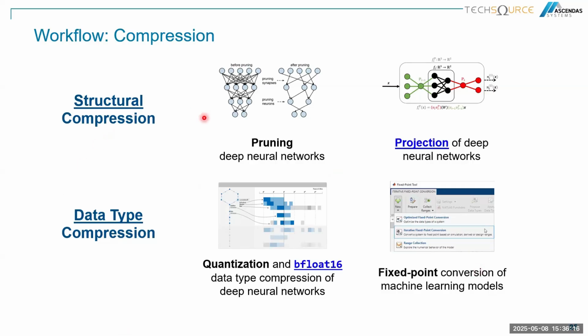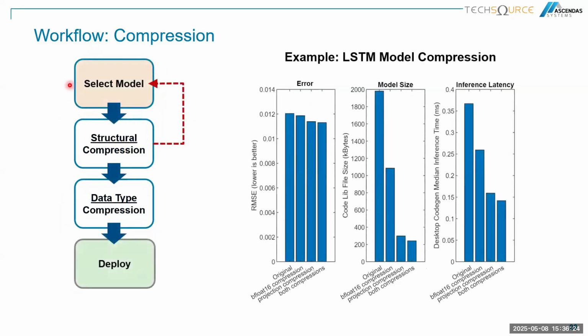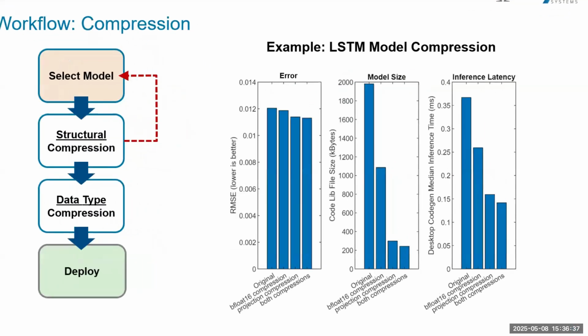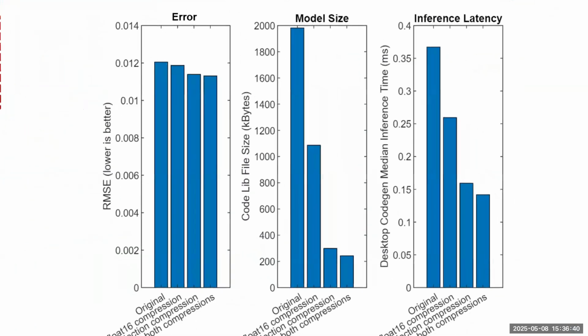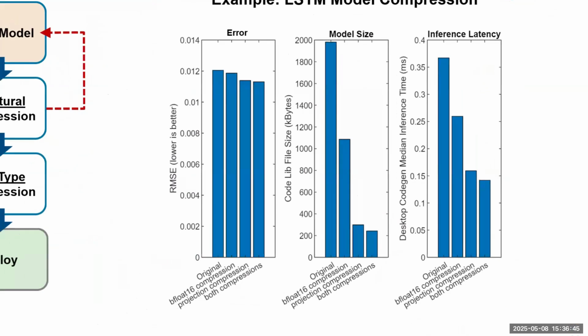Based on this structure compression and data compression, we will see the output. For example, you have this Simulink model, the AI model, you do the structure compression and data compression, and then deploy. We will see how different the output is. What we want is for the errors to be as low as possible.